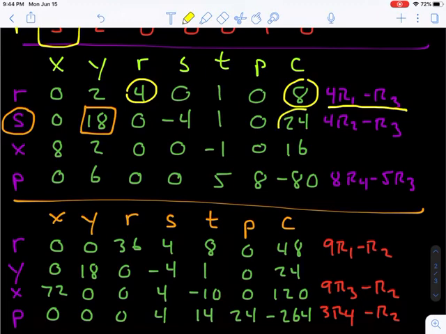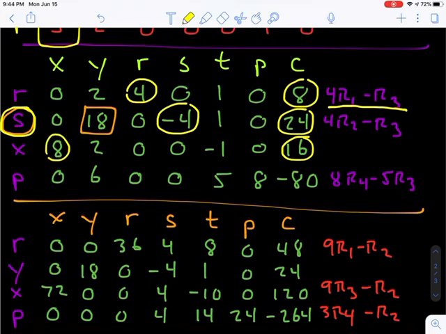S, we got a positive 24, divided by a negative 4. That's going to give me a negative active variable. 24 divided by negative 4 is a negative 6. So S is a negative active variable, so I highlight that. X, well, we take 16 and divide it by a positive 8. Well, that's going to be positive. So we only have one negative active variable now, and that's the S.